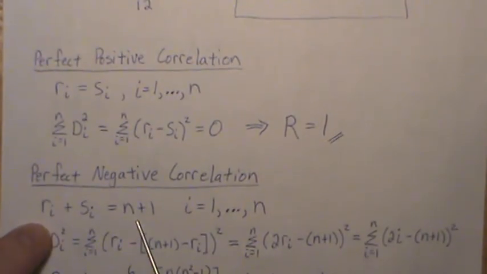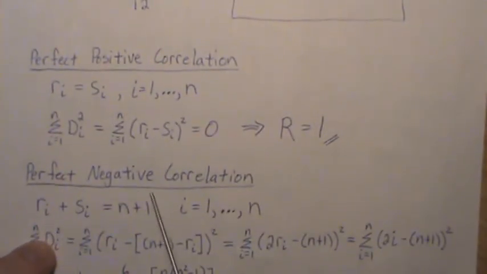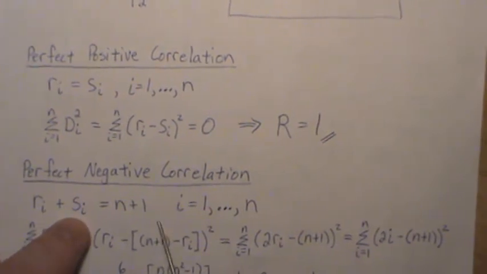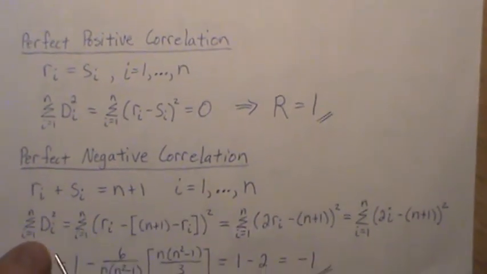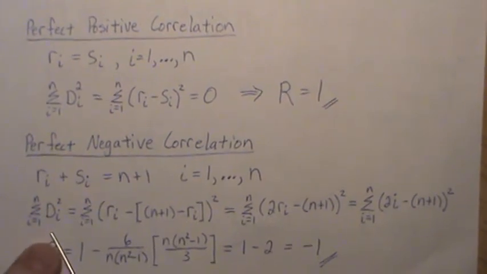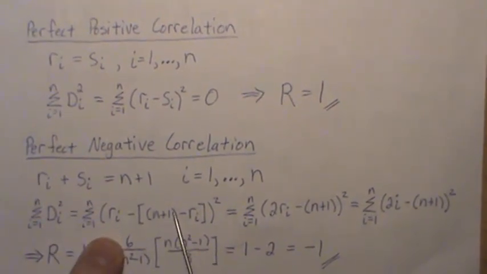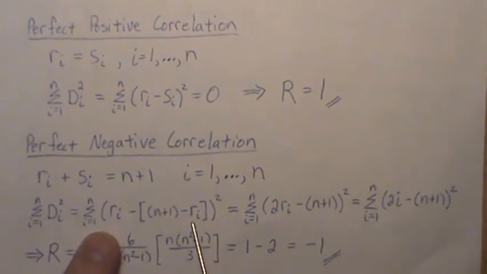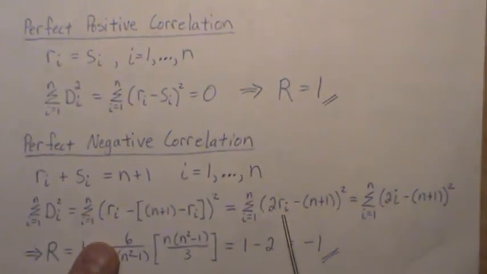And write out a few of those, make sure that's right in your mind. But I note this because if we were to take this r to the other side, then we get a formula for s in terms of r. So if we look at the sum of these square differences, which is r minus s, but s is n plus 1 minus r, then this can combine to this.